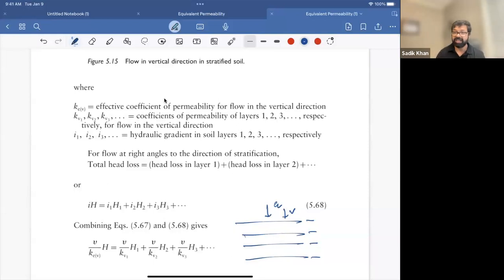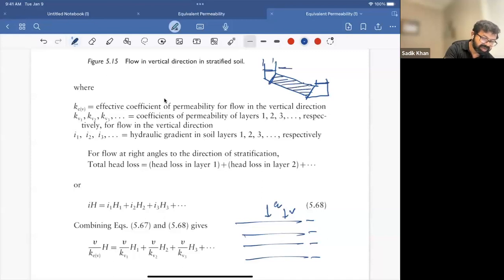So what is I? Hydraulic gradient. How do we calculate the I? Del H by del L, or del H over L. H is the head versus the L. Let's say we have some kind of soil here, with water and in between we have the soil.